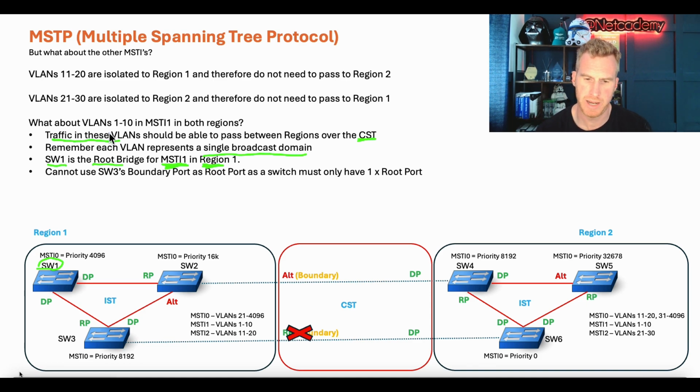And the problem there is that every switch can only have one root port. You might be thinking, well, hang on, Dave, when we were talking about MSTI 0, this here was a root port and this here was a root port. But again, that was for MSTI 0.